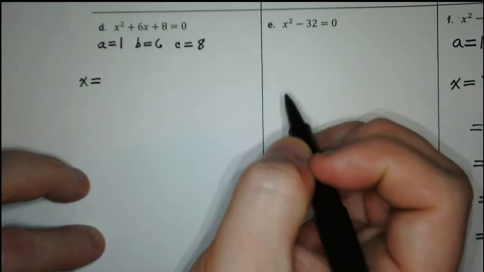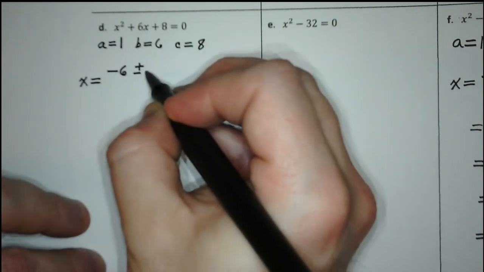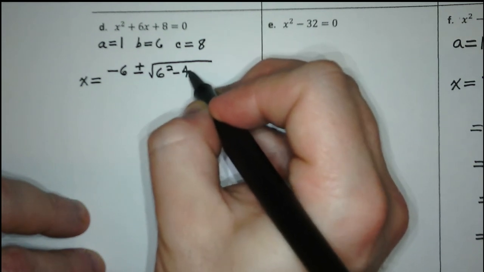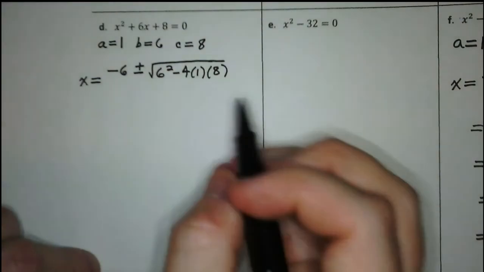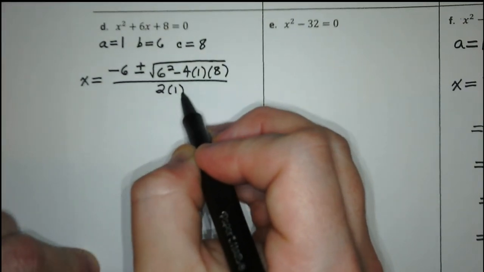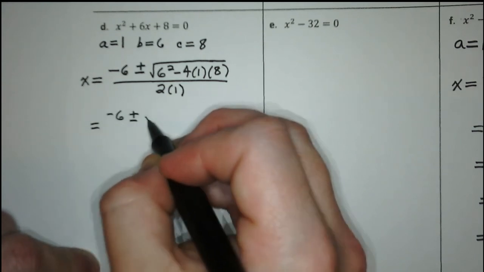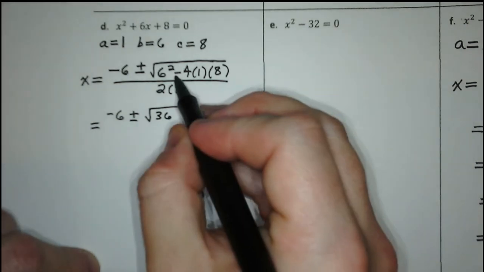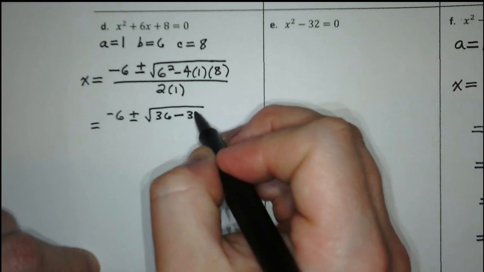So x equals negative b plus or minus the square root of b squared minus 4ac, all over 2a. Negative 6 plus or minus 6 squared. Hey, I know what that is. Minus 4 times 1 is negative 4, times 8 is negative 32.